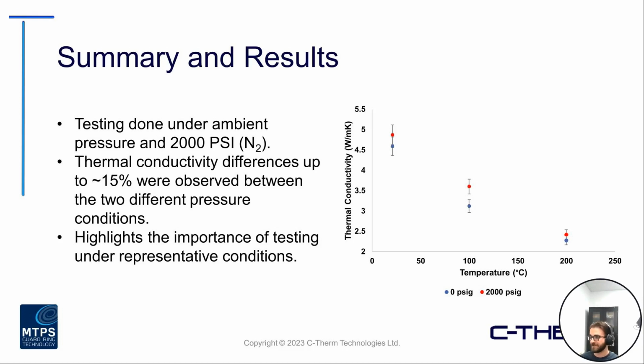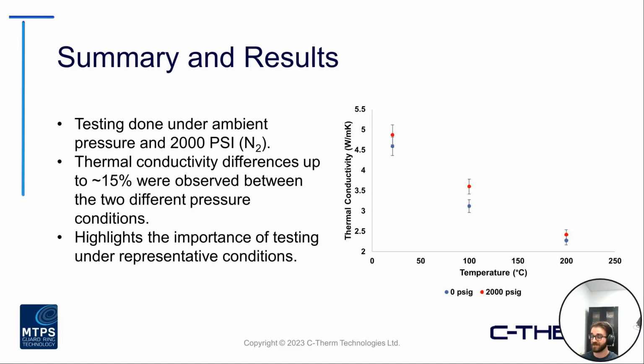In both cases, you see a consistent trend in results. They are decreasing as the temperature increases, but to different overall extents. And again, this really highlights the importance of testing under representative conditions, because if you are taking this data and using it for something like a simulation input to understand how the system will handle the thermal loads that you're introducing, and you're assuming ambient conditions when in reality it's under high pressure, the effective load that it can handle can be different.